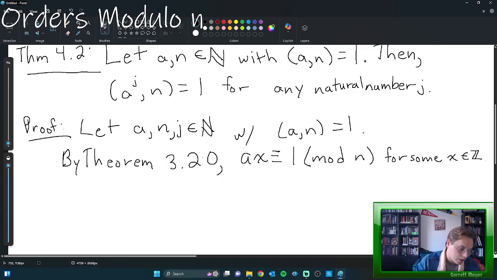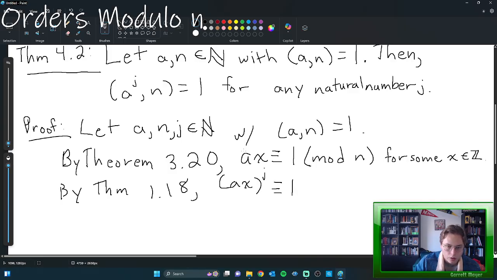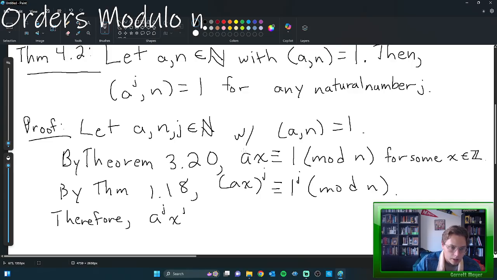Okay. And by theorem 1.18, (ax) to the power of j is congruent to 1 to the j mod n. Therefore, a to the j, x to the j is congruent to 1 mod n.